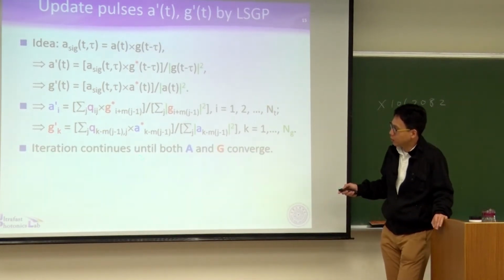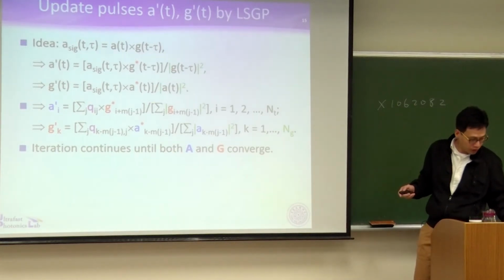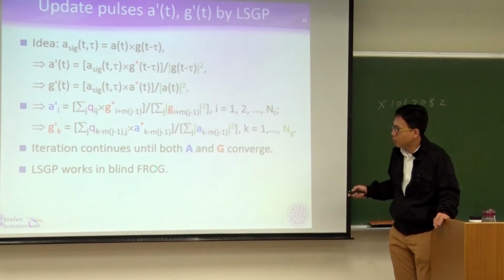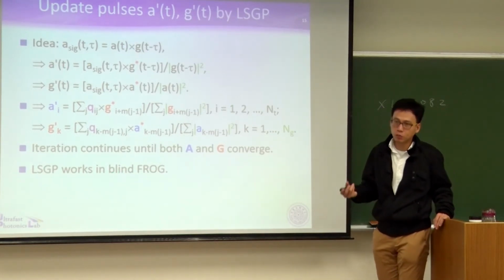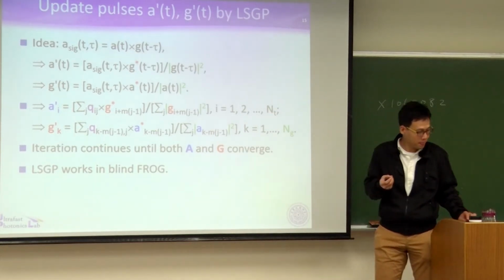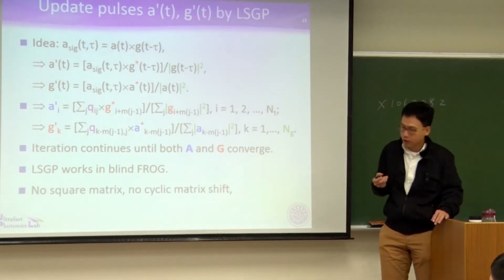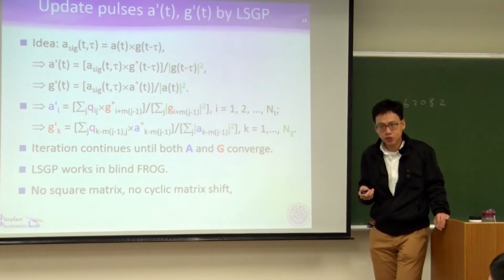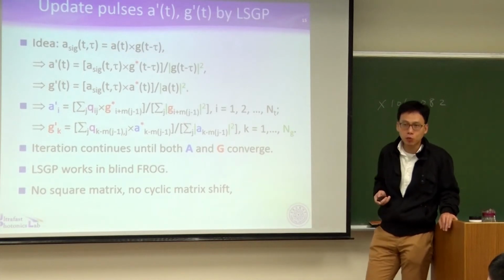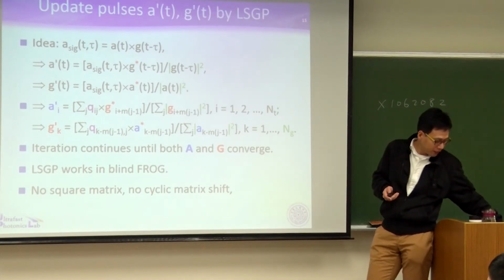Again, the iteration continues until both vectors converge. And it also works in blind FROG. You can get the signal pulse and gate pulse simultaneously. The advantages are here: no square matrix, no cyclic matrix shift anymore.